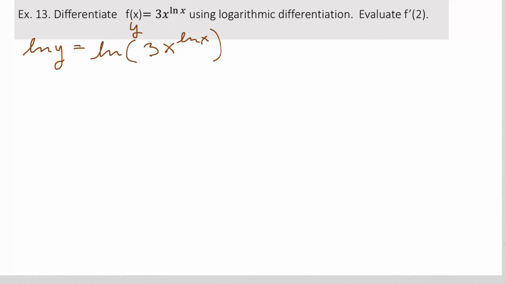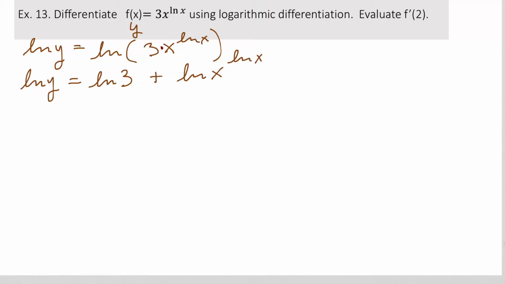So this right here is a product. Products are connected by addition. So this is the same thing as ln of y is equal to the natural log of 3 plus the natural log of x to the ln of x.